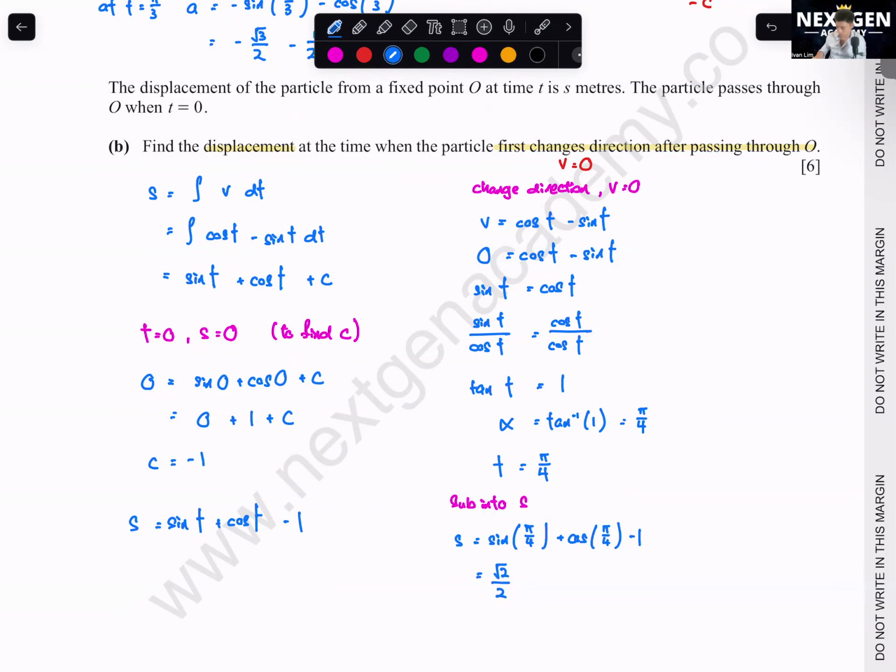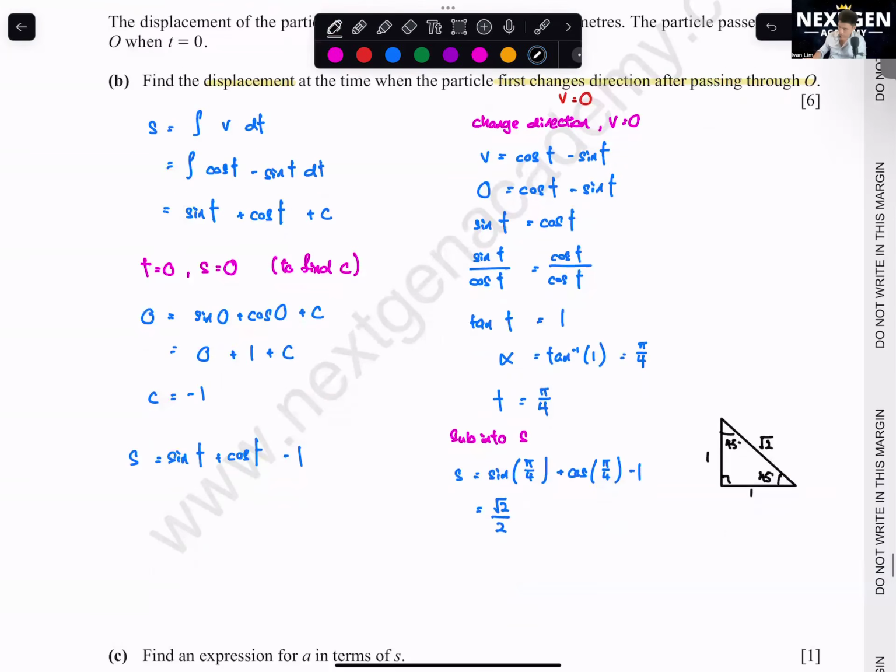Okay, this one again, another one. Pi over 4 is equal to 45 degrees. Let's just do a practice. This will be 45, 45, 1, 1, surd 2. Remember this triangle, then sine and cos.